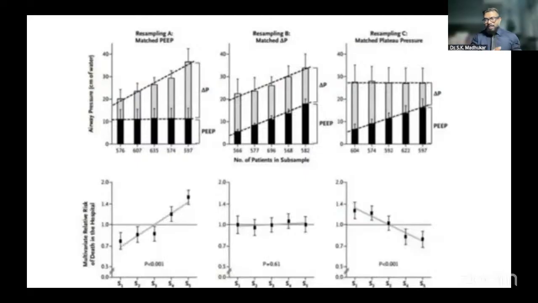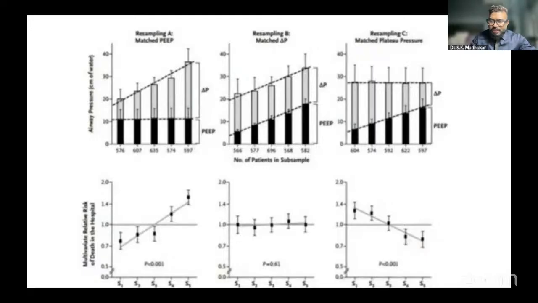We have three different paradigms. In the first figure on your left-hand side, you see a gray bar. The gray bar is the plateau pressure. You see a black bar, which is PEEP. And the difference between the gray bar and the PEEP is the driving pressure.